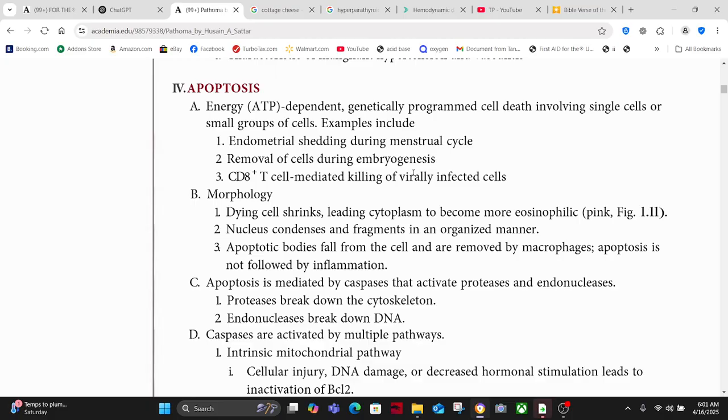Okay, and then caspases are activated by multiple pathways. The first way is the intrinsic mitochondrial pathway.